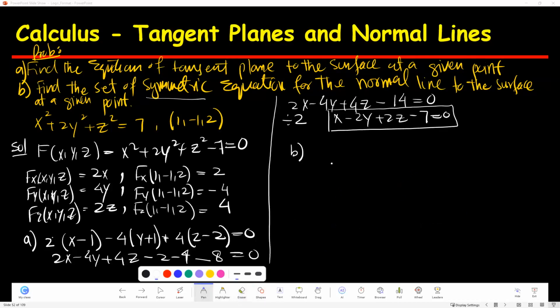Okay, here I have x equals x naught plus at. Now, we can use this point, or if you want, you can take another point like 0, 0, 0 for that particular normal vector, right?